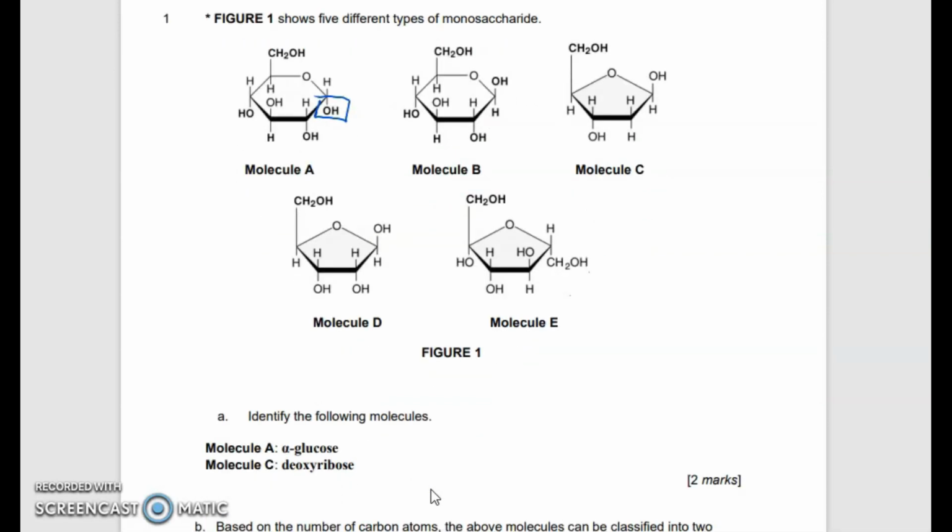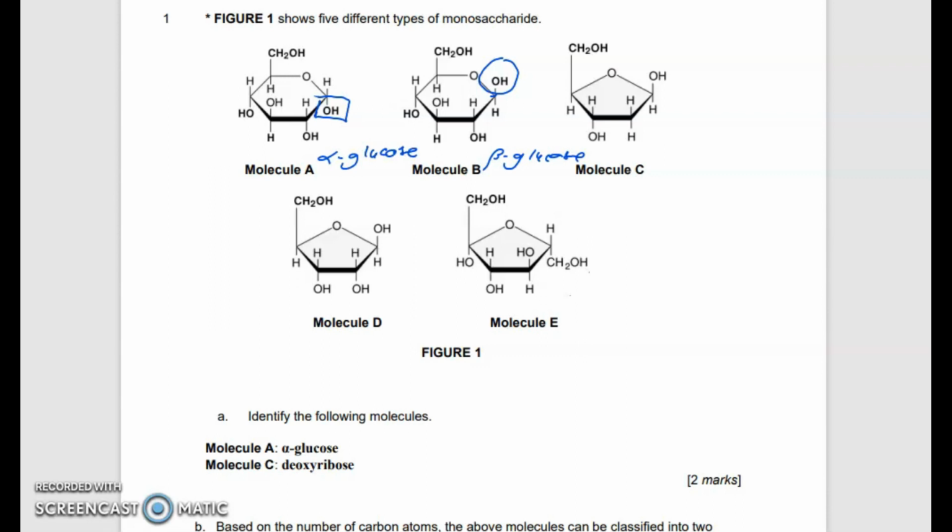For molecule B, look at this, everything is similar except at carbon number 1. The position of the hydroxyl group is facing upward. So obviously B is beta glucose. This one is alpha glucose.